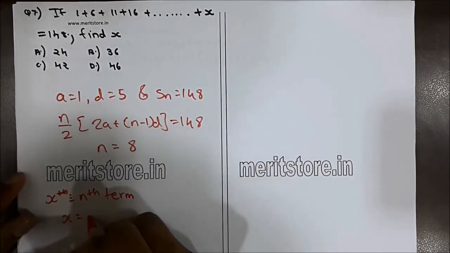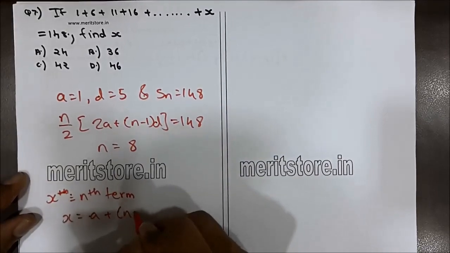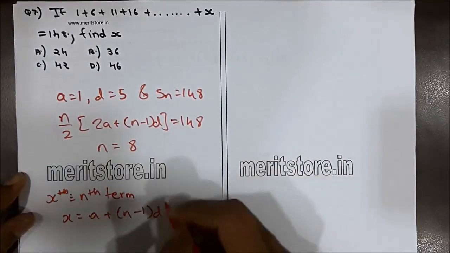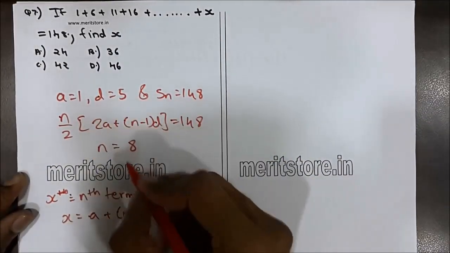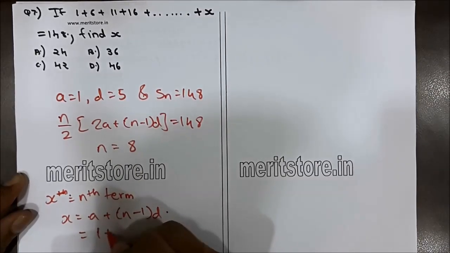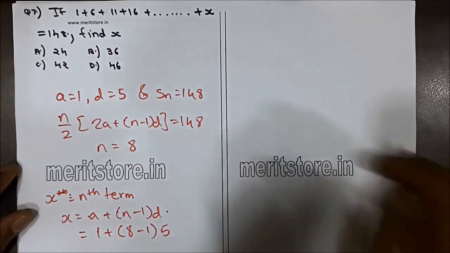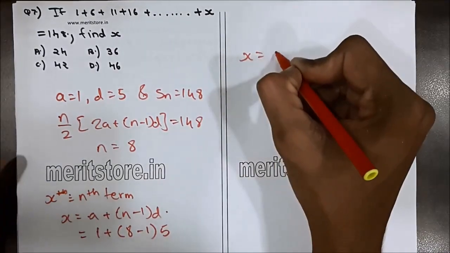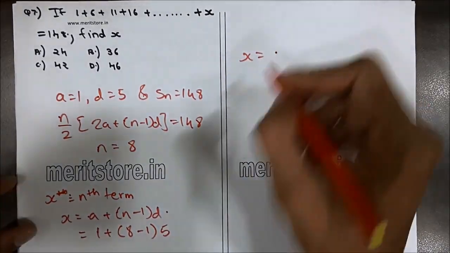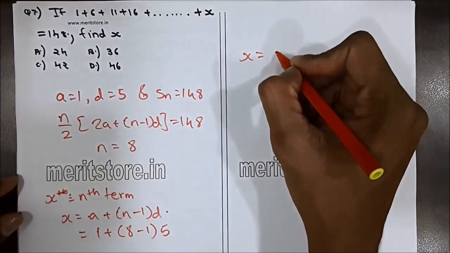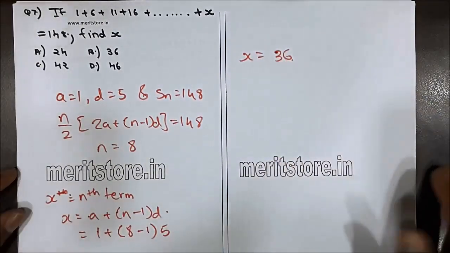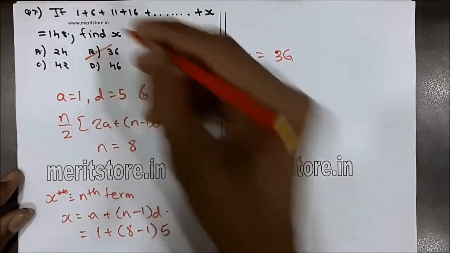Therefore x is equal to a plus (n minus 1) d. We substitute the values a as 1, n as 8 and d as 5. We solve this, we get x is equal to 36. Therefore B is the correct answer.